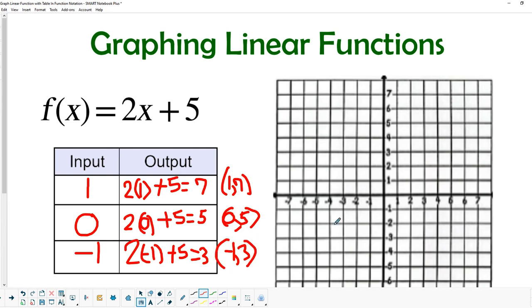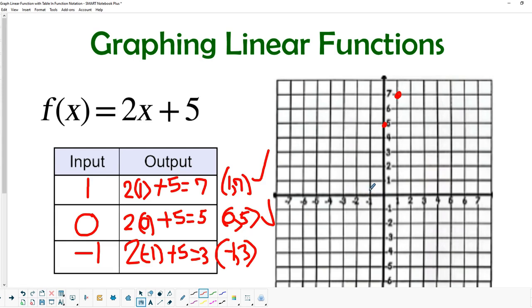And now all you have to do is graph those 3 points. So over 1 up 7. The x value first, then the y value next. So 1, comma 7. That takes care of that one. Then 0, comma 5. So over 0 up 5. That takes care of that one. And then backwards 1 and up 3.